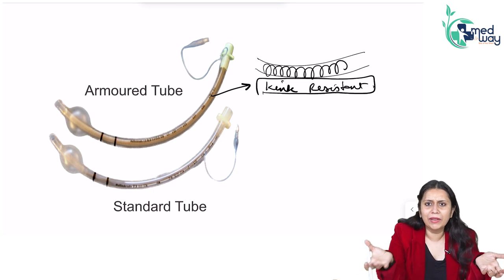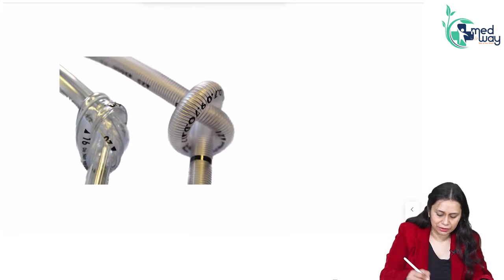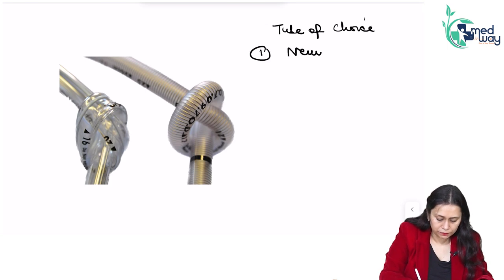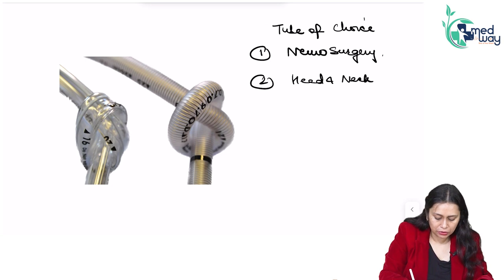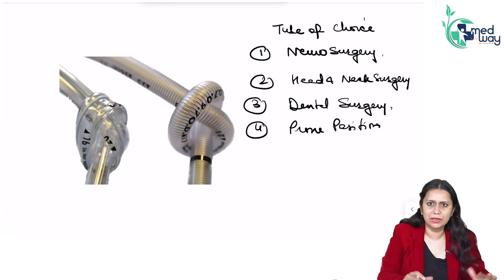So we use it anywhere there's a risk of kinking, right? So remember, this is kink resistant, and it is the tube of choice for neurosurgery, for head and neck surgery, for dental surgery, and for the prone position, and anywhere there is a risk of kinking of the tube. So this is your flexometallic tube.